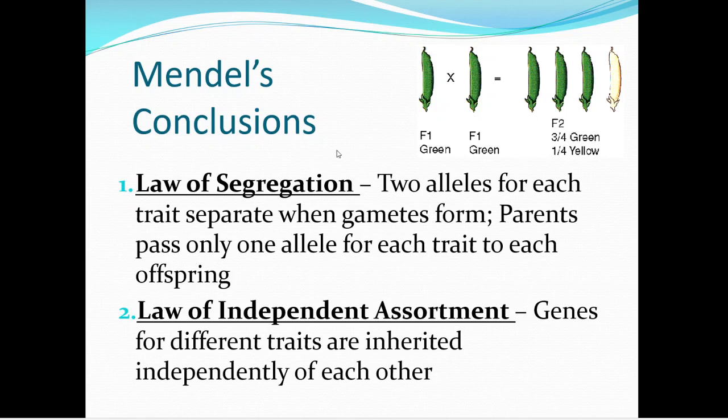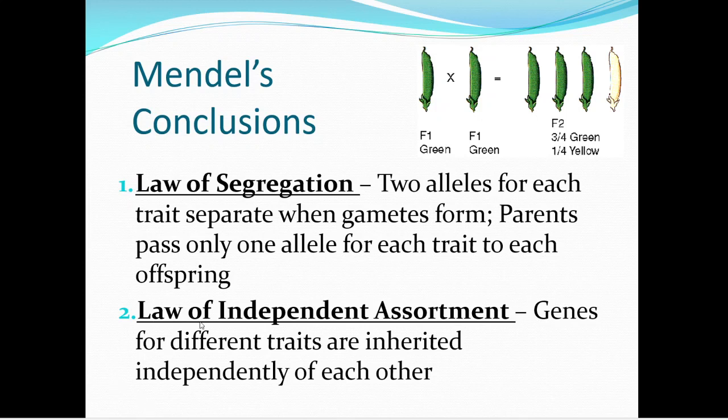That's why we call this the law of segregation. Two alleles for each trait separate when gametes form. Parents pass only one allele for each trait to each offspring. Just like the two uppercase A's, one uppercase A would go in one gamete, the other uppercase A would go in the other gamete.